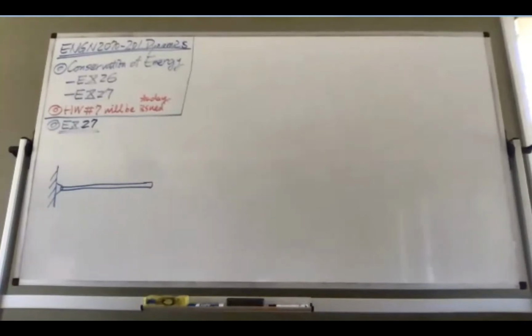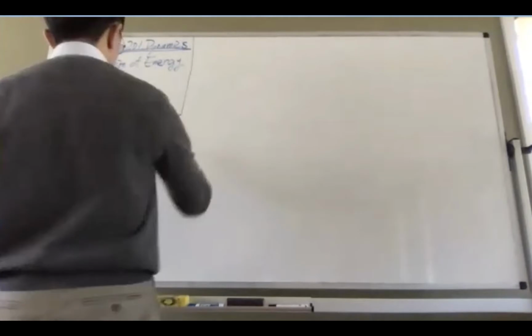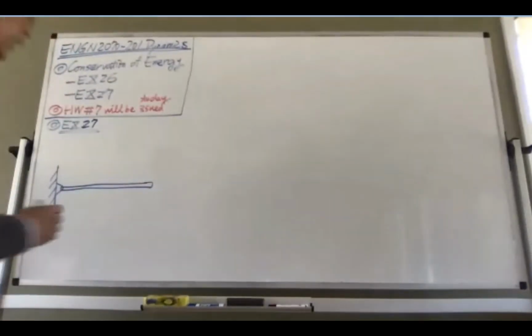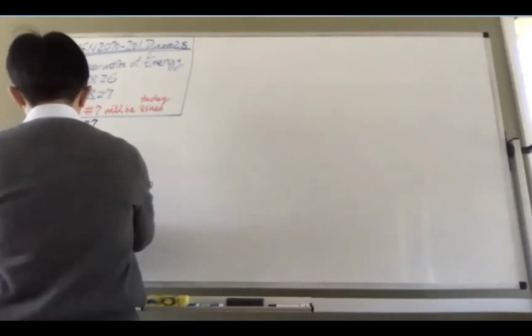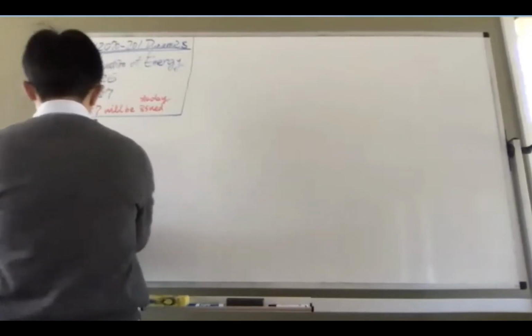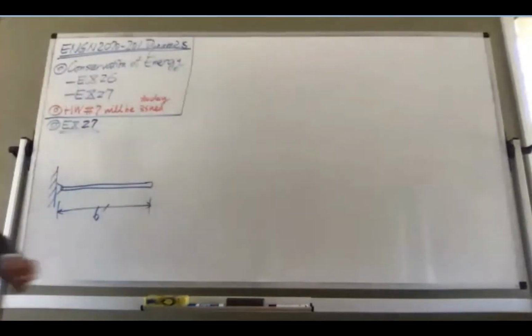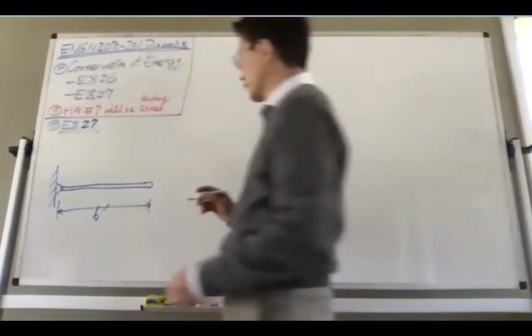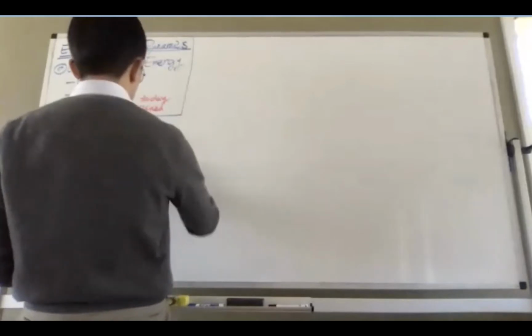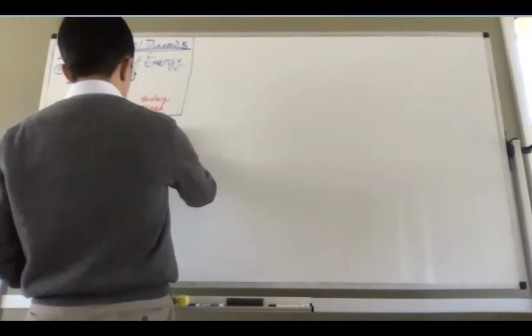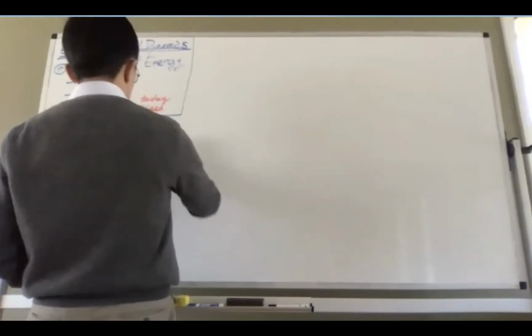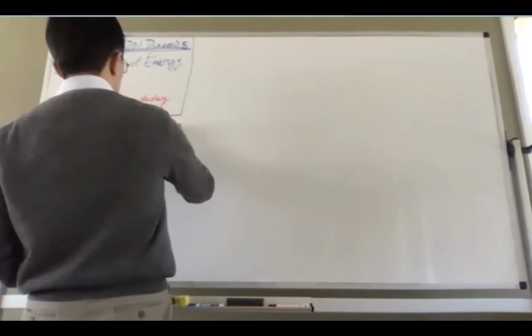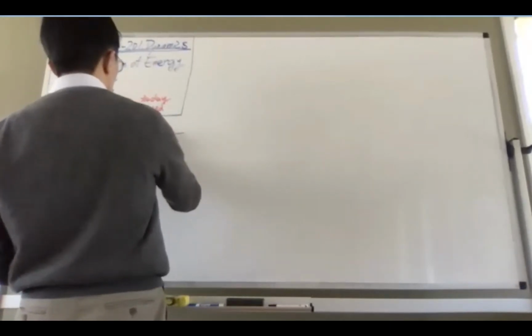Again, we consider there's a horizontal bar, and on this horizontal bar is a 6 feet length. Now, at the free end of this bar is connected a vertical spring, like this, and the vertical spring is sitting on some sort of support.